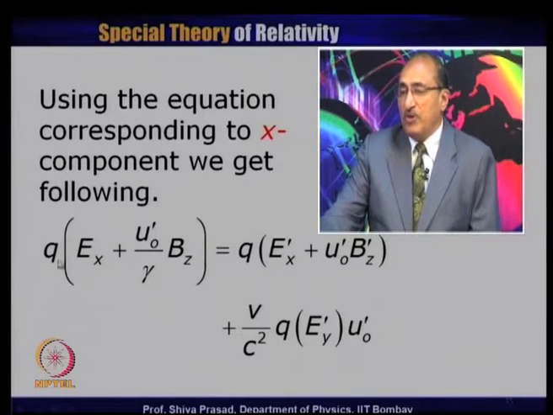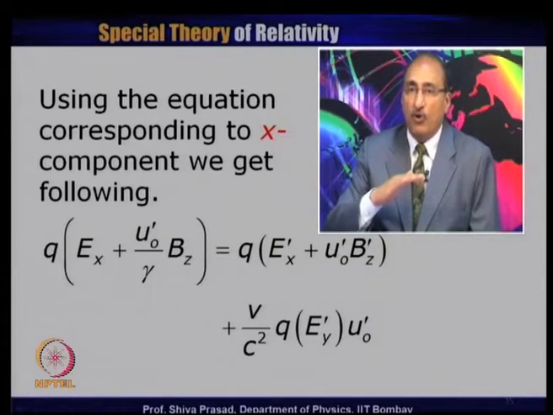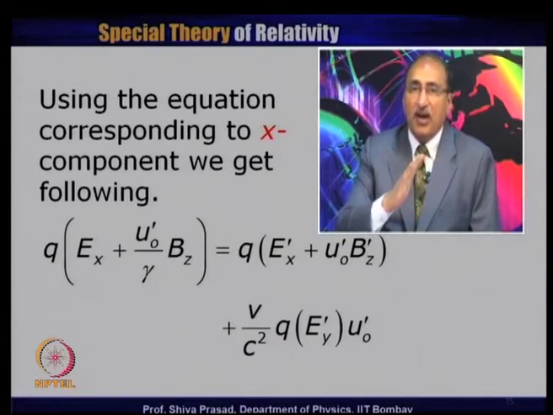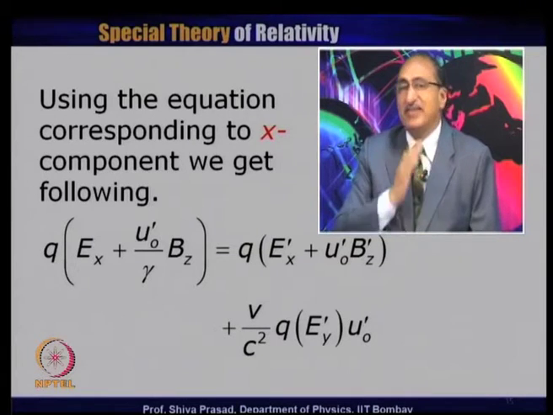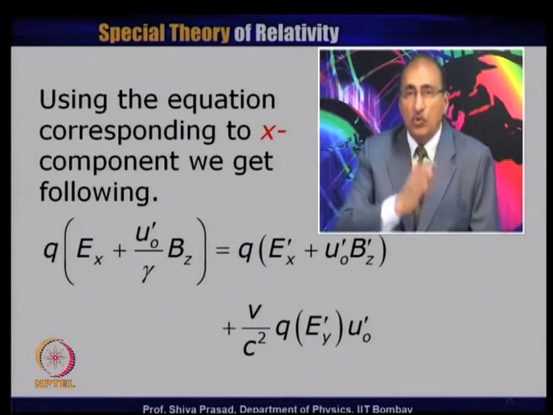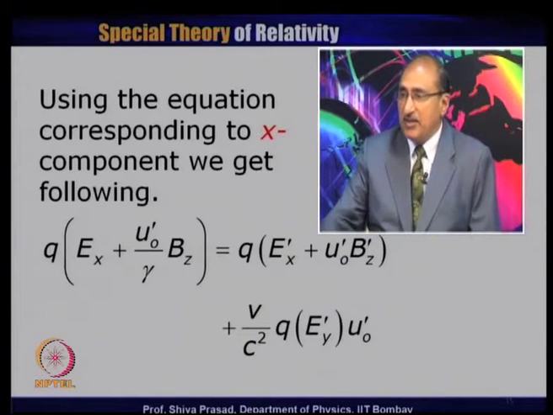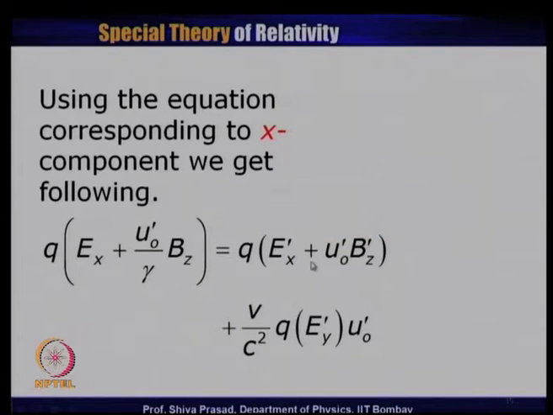Using this equation, you can see that q gets cancelled out, and Ex prime is equal to Ex, because that has already been found out when we did the transformation obtaining the Ex, Ey and Ez components. So, Ex prime we know is equal to Ex. So, I will cancel this q and substitute Ex prime equal to Ex.